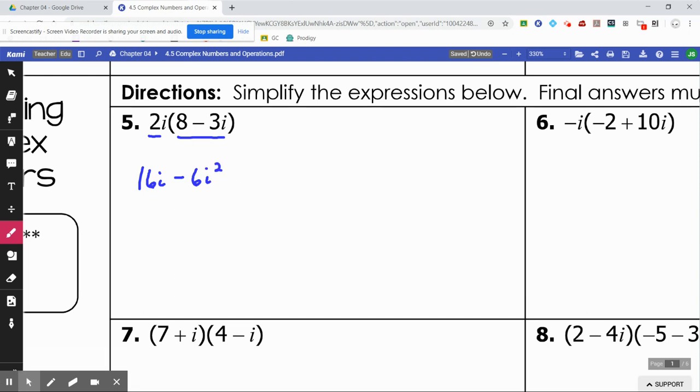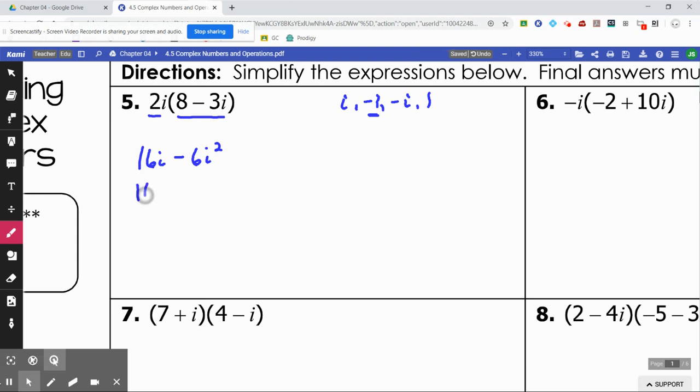Reminder of the pattern, i to the first, i to the second, i to the third, i to the fourth. So anytime you have an i squared, you've got to replace it with negative 1. So this is now 16i and a negative 6 times a negative 1 for that i squared, which would be a 16i plus 6, which let's write our real part first, gives you 6 plus 16i. Done.